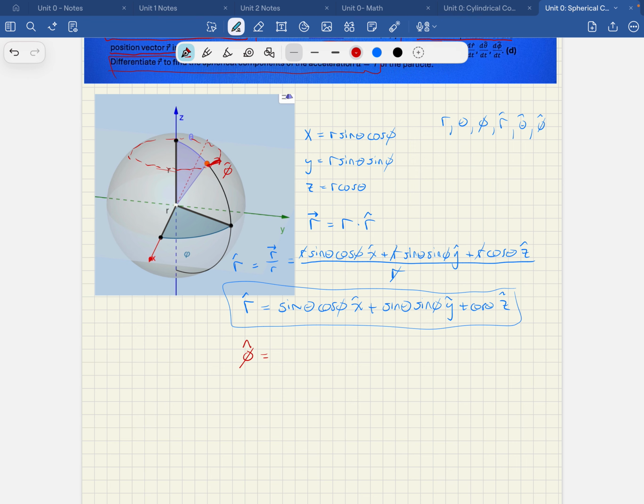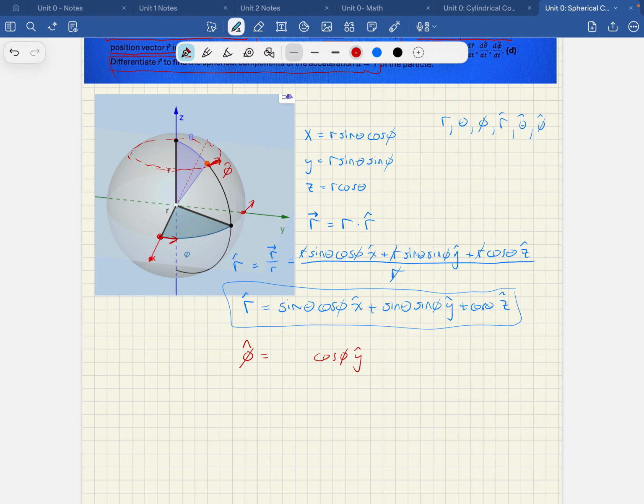So the easiest thing to guess is something like sine phi x hat plus cosine phi y hat. But I want to make sure I get them right because when phi is equal to 0, oh look, this is actually going to be exactly the same as cylindrical coordinates. When phi is equal to 0, we point in the y-hat direction, which means we should have a cosine phi y-hat.